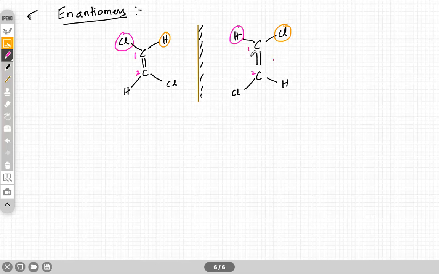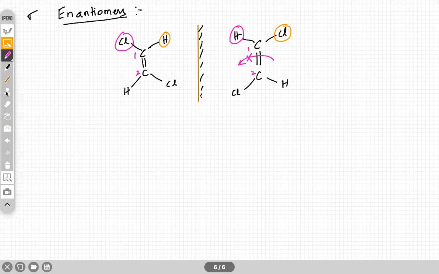Out of the plane rotation is not allowed. You cannot rotate this molecule this way so that this chlorine comes this side and this hydrogen comes this side. That we cannot do.